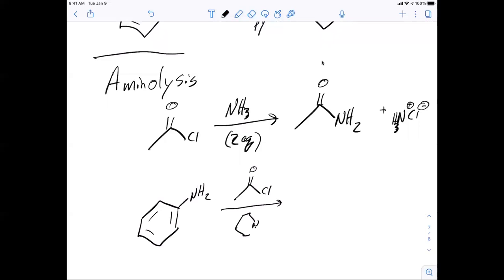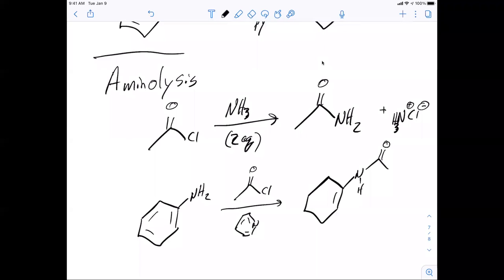In this case, the pyridine is acting as the second base. So here, the important part is that we're turning an amine into an amide.